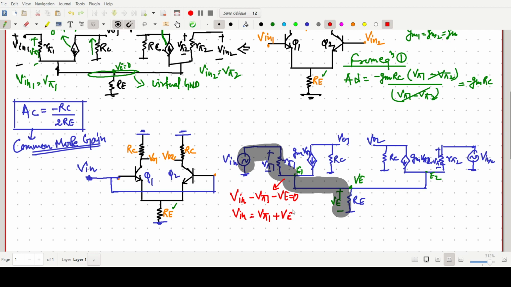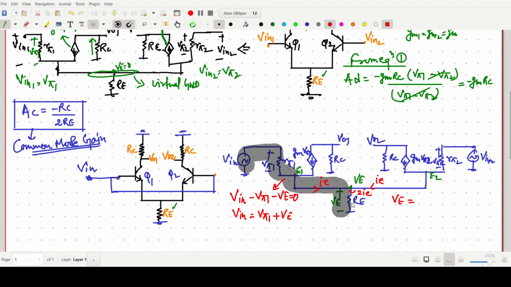Okay, this part is clear. Very simple concept is there. Now we have to think about the term VE. This VE can be written as this current, which is some IE current, and in this one it will go twice IE.